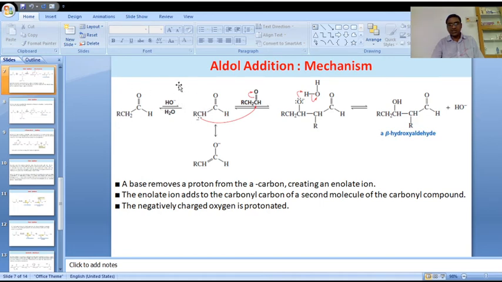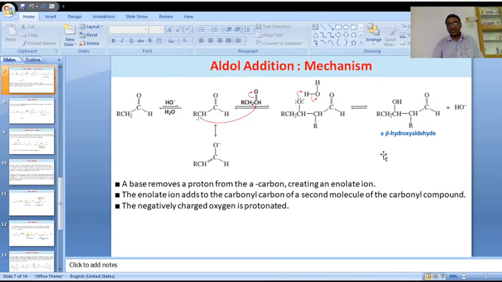The hydroxy group we use at the start of the reaction is released at the end of the reaction. Here the oxygen abstracts hydrogen and is converted to a hydroxyl functional group. This is the final aldol addition product.